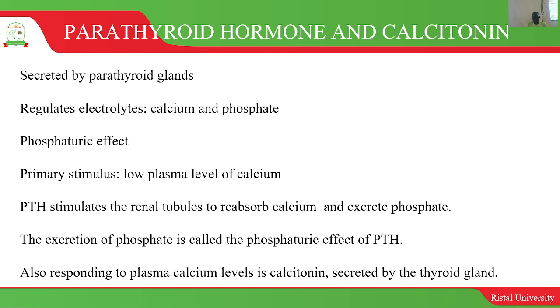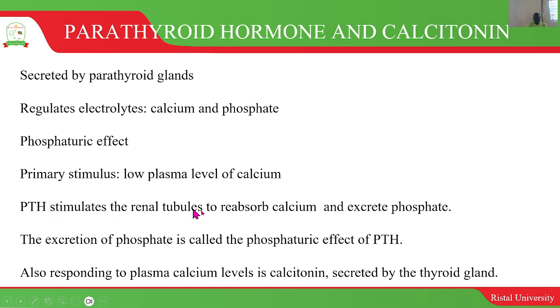Parathyroid hormone and calcitonin are also two important hormones that play a major role in the regulation of electrolytes and also blood pressure. Parathyroid hormone is responsible for regulating calcium and phosphate. The primary stimulus is a low plasma level of calcium.